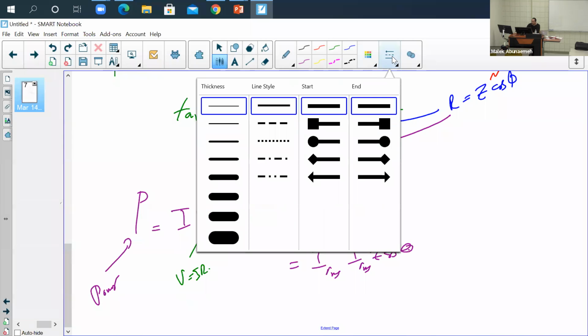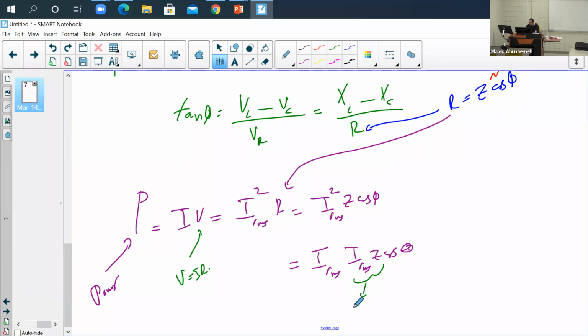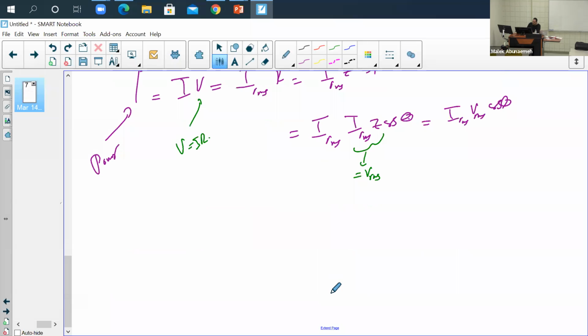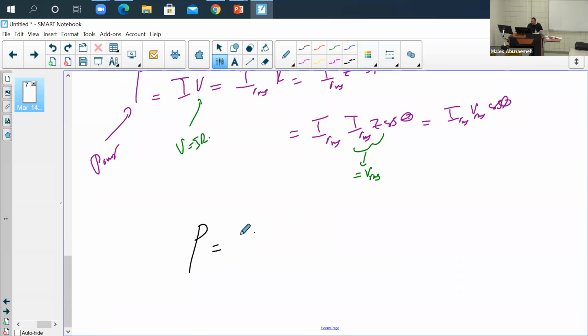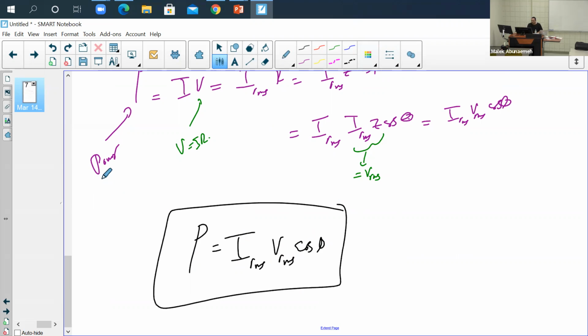So your power is going to equal your I root mean square multiplied by V root mean square multiplied by the cosine of the angle between them. Writing it down, your power is going to equal I root mean square V root mean square cosine theta, where theta is your phase between them.